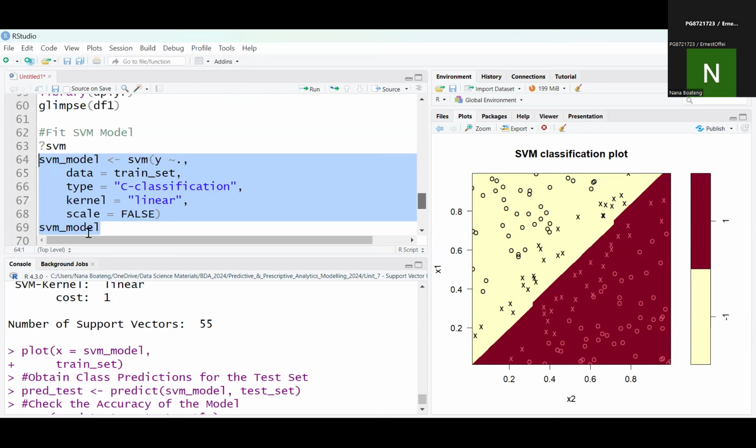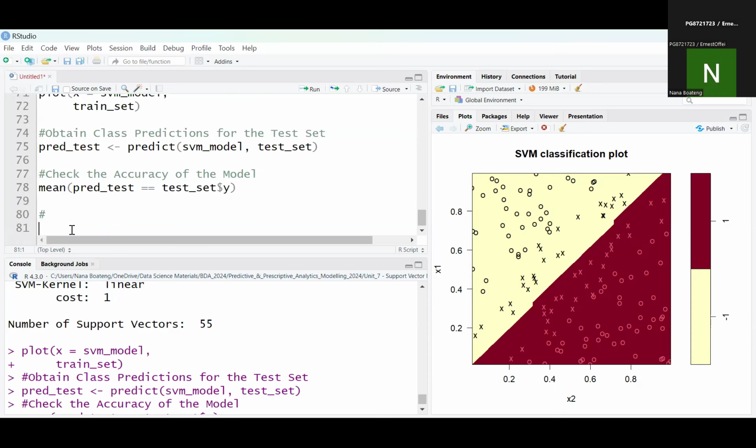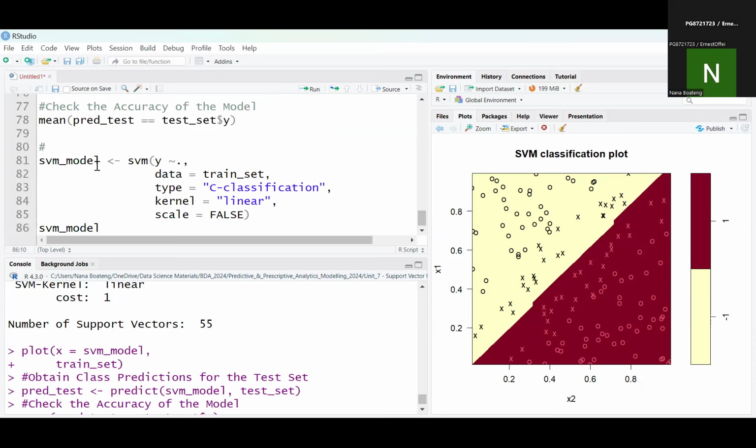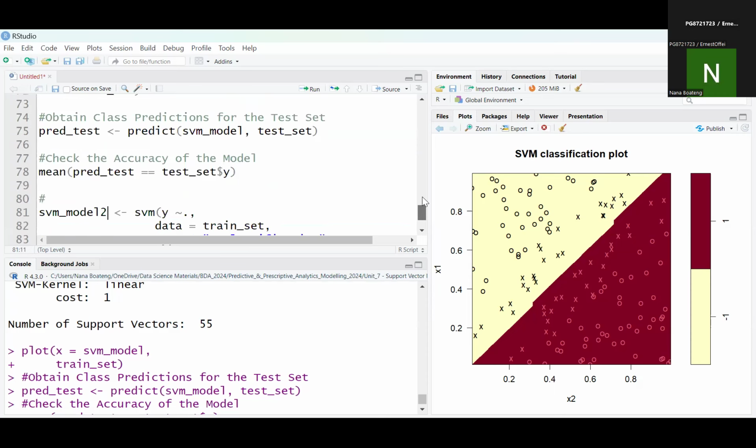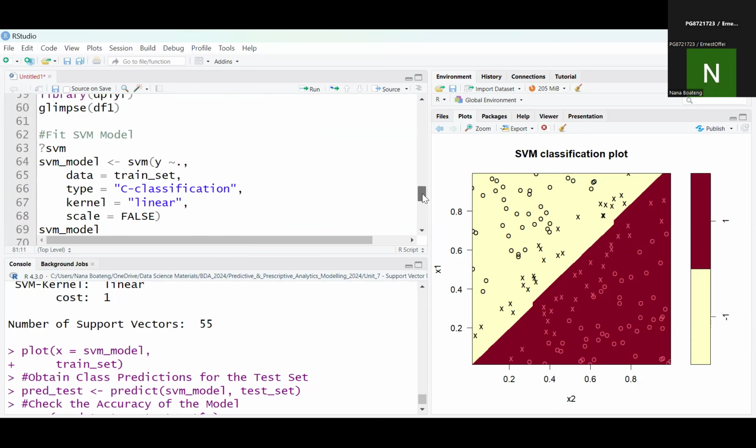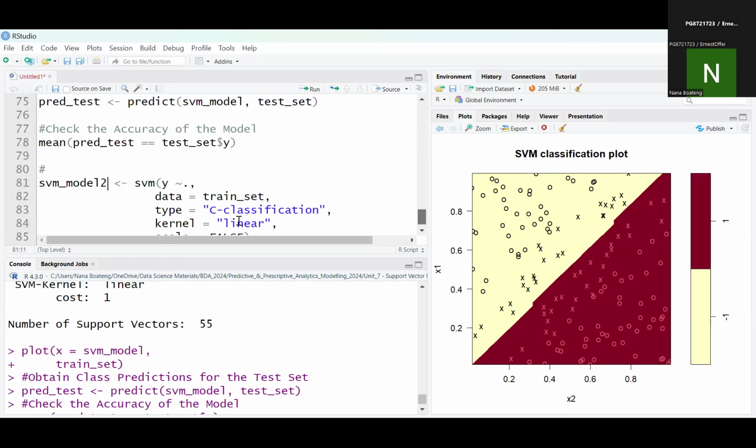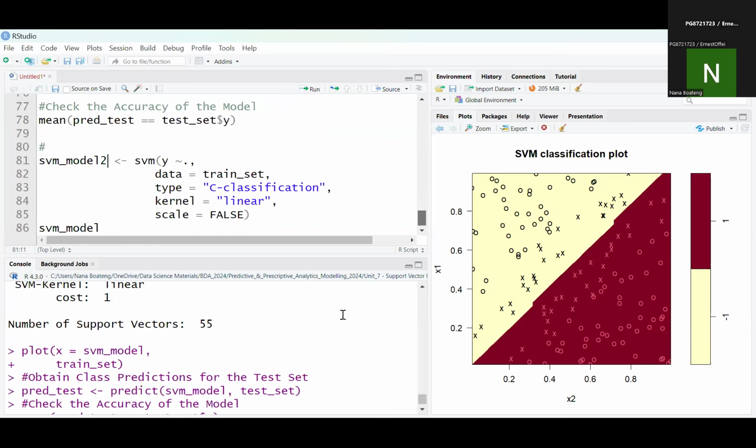Let's make it model 2. Where is the cost? Here we didn't specify the cost, but you saw in the output that the cost is set at 1.